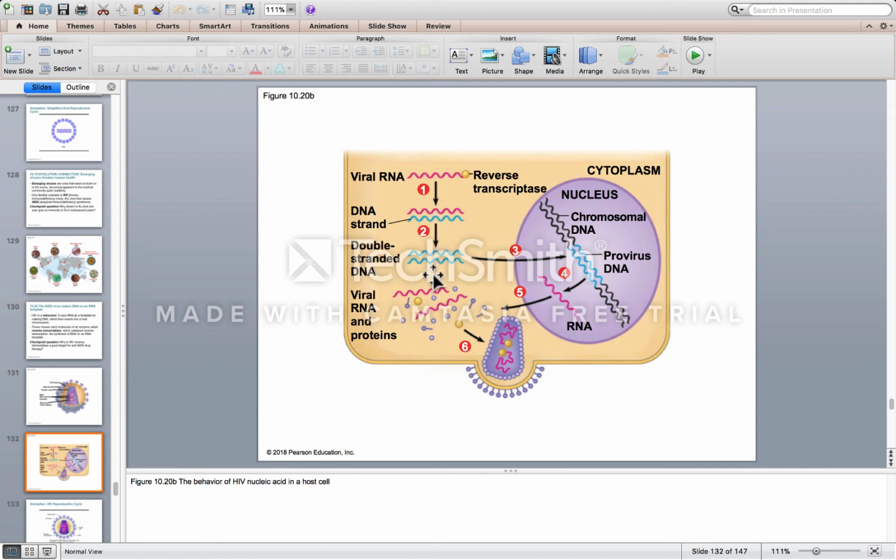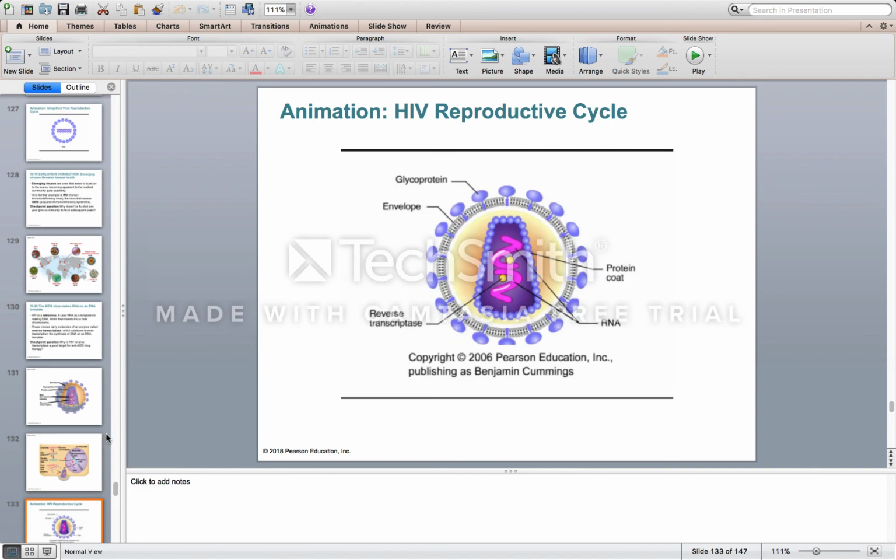The DNA is doubled. Eventually it will go inside the nucleus. The chromosomal DNA and the provirus DNA eventually will turn into a single strand of messenger RNA, which then turns into viral RNA and proteins, which then break out and create more virus structure.